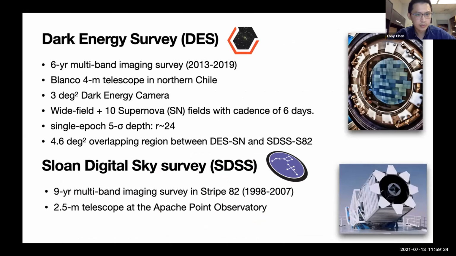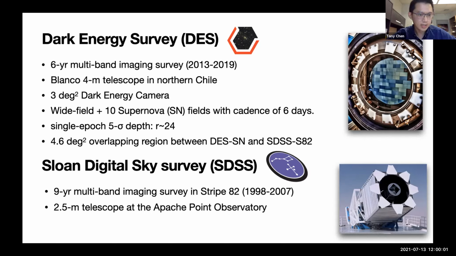One is the Dark Energy Survey, a 6-year multi-band griz imaging survey starting from 2013. It used the Blanco 4-meter telescope in Chile, and it has a very large field of view of 3 square degrees, so it can image the whole sky very quickly.